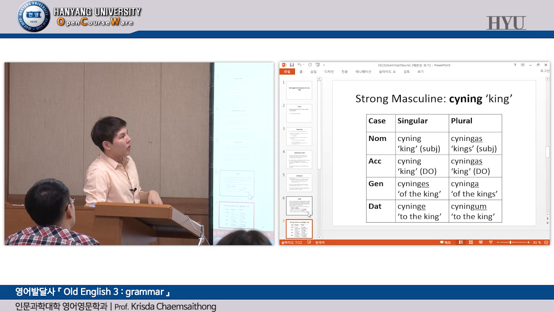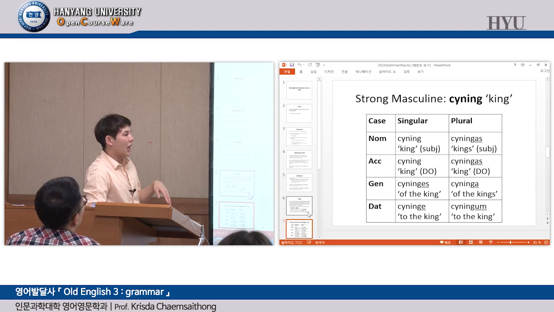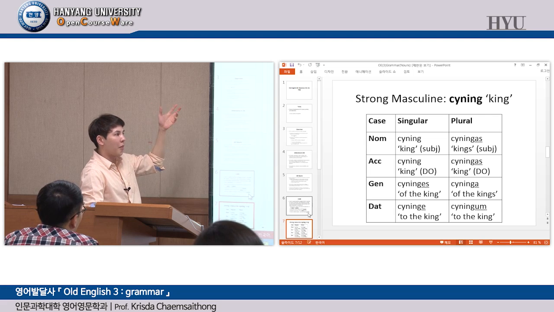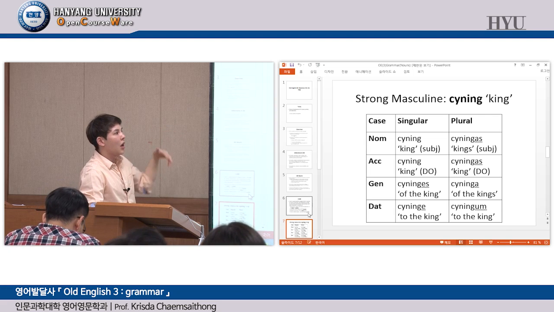If it's in the plural, the nominative will be marked with s. So kinningas, like that. Accusative, kinningas, so typically the same. Genitive, kinninga, dative, kinningum. So you see characteristic endings. They are all different, with the exception of nominative and accusative, of course. But all the other endings are different depending on whether it's singular or plural.